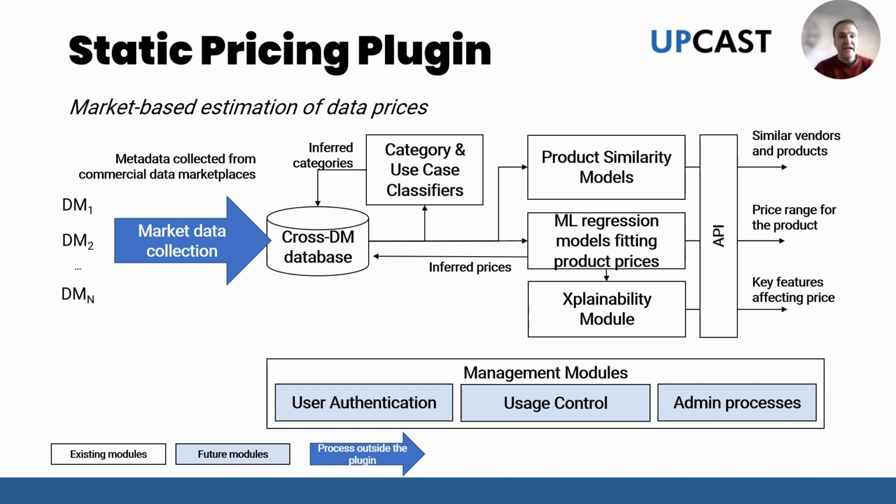Classifiers learn the criteria used to label a dataset as belonging to a certain category and helps label new data products homogeneously. Price regressors learn the features that data providers and marketplaces are using to price data products, and they can predict what the price of a new data product would be. An AI explainability module is also built in to provide information on the key features of data product that led to that prediction.